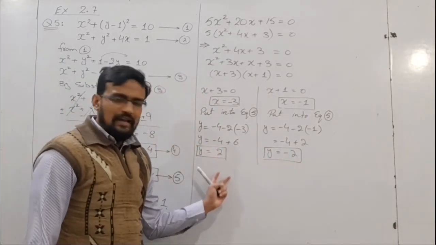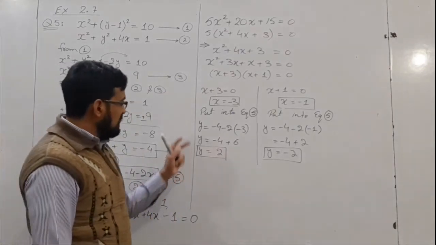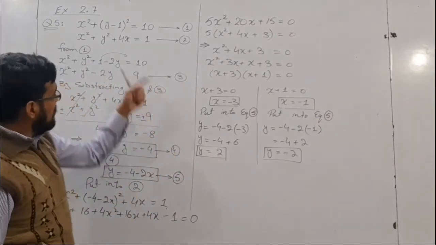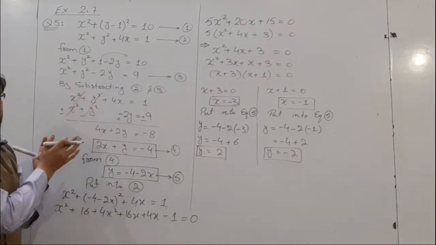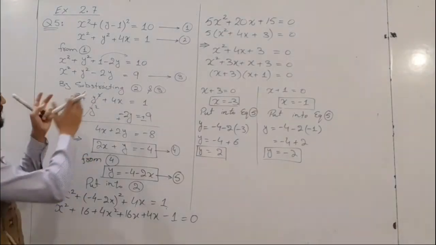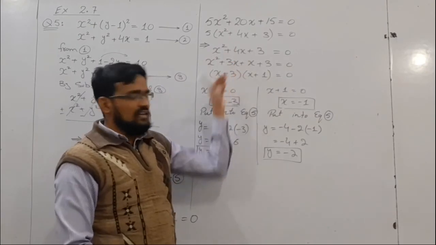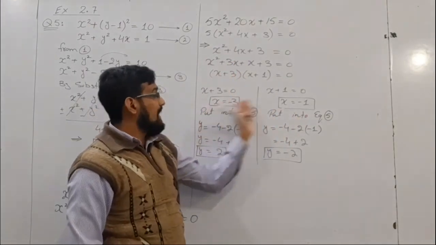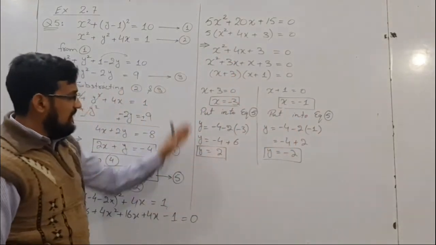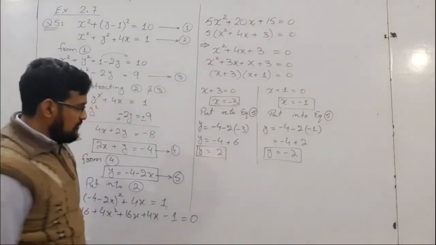Students, I hope you understand this. This is a very simple question. Similarly to the previous question, two equations form, first find the linear equation, put it in quadratic form, solve for two x values, put them into equation 5 and find the two y values.